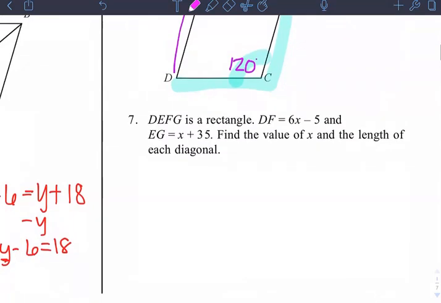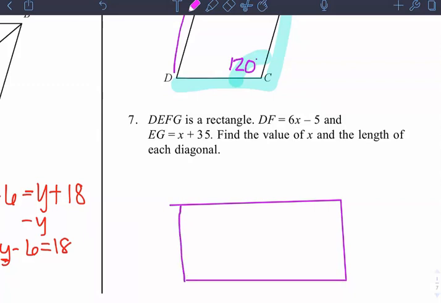Number 7, DEFG is a rectangle. So I'm going to draw a rectangle first off. I'm going to cheat a little bit. I have this awesome technology that allows me to draw straight lines. Let me just erase this part.